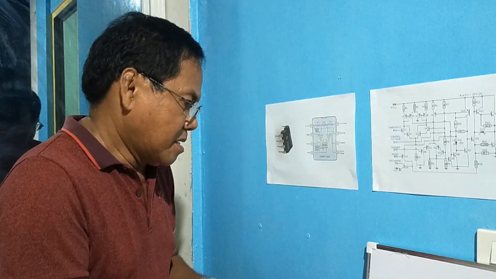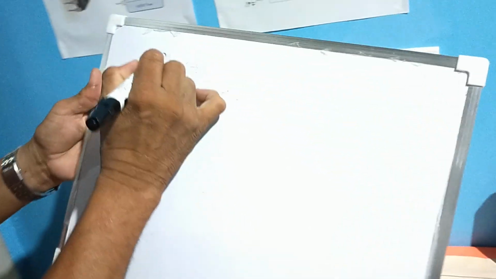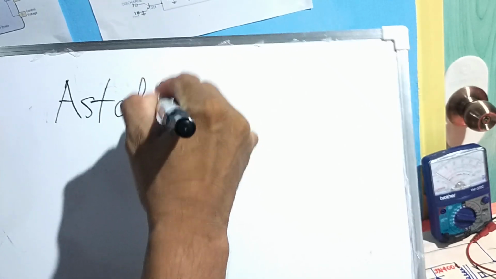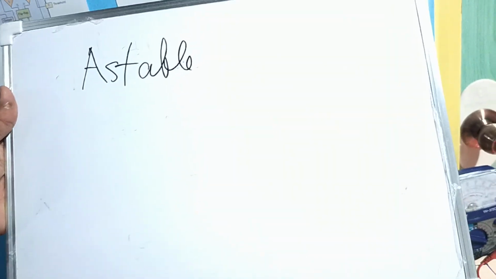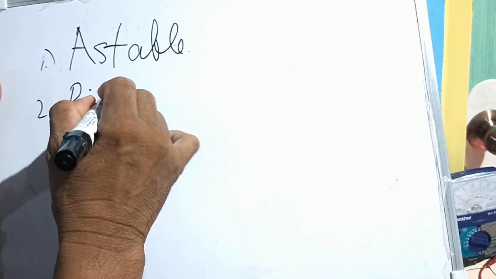So aside from that, there are three important modes of operation of this LM555. The 555 timer IC can be operated as an astable multivibrator. It can be operated as bistable.